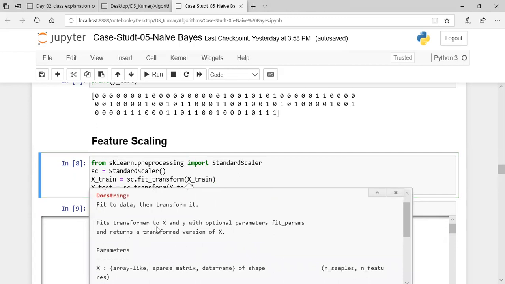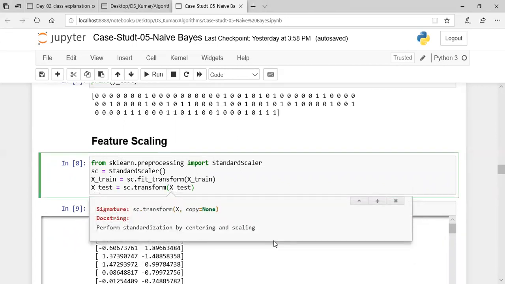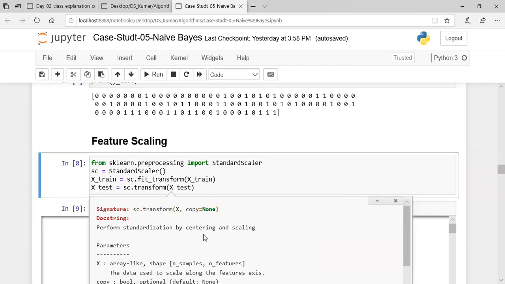Okay, fit transforms X and y with an optional fit parameter, and returns a transformed version of X. Whereas if you are referencing the transform, what it is doing is performing only standardization, by centering and scaling.